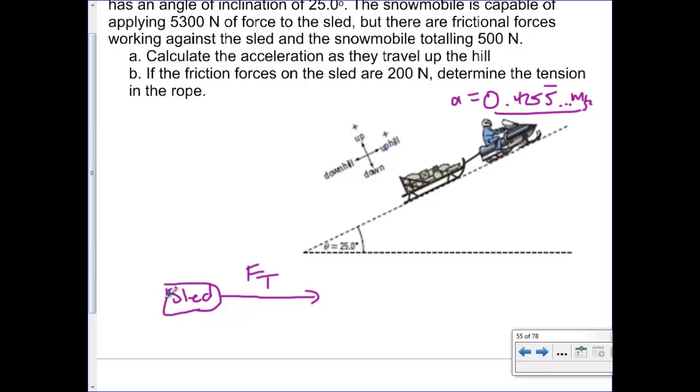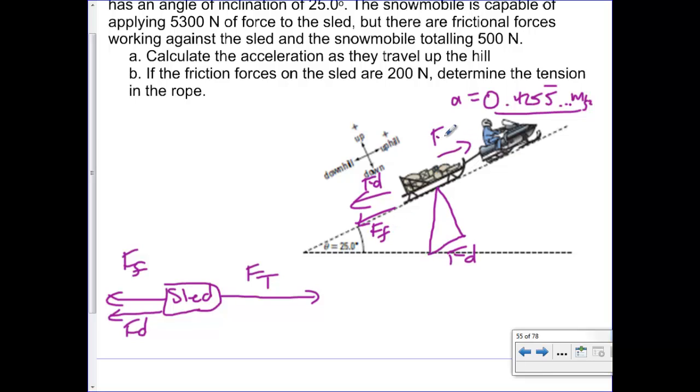But if the sled is going up the hill, going backwards, you've got friction. And there's one more force in play. Yeah, there's a downward force also pulling the sled down the hill if we draw that triangle in here. So there's an FD pulling it downwards, there's an FF pulling it downwards, and there's an F tension pulling it upwards, and we're going to look for that tension. Does that make sense so far?